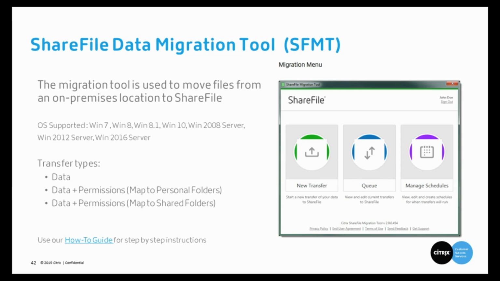This works for when you want to move big chunks of data, and also when you want to have a little bit more control of what kind of data is being migrated. As an example, you will be able to transfer data plus permissions, and regarding the permissions, they can be mapped to either personal folders or shared folders. You will find more information in the how-to guide that is available in the resources.